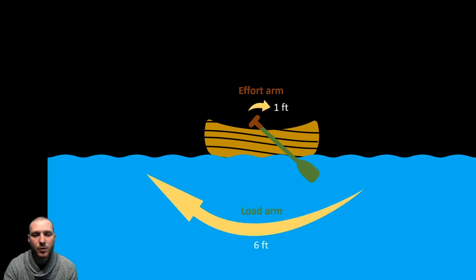So it's going to take a lot of effort to move with 1 foot, but we're going to result in 6 feet of motion. And what this means is that we're going to be able to paddle the boat very quickly. So that's what, if you reverse a class 1 lever, you're exchanging the amount of force needed for the distance that you get out of it.